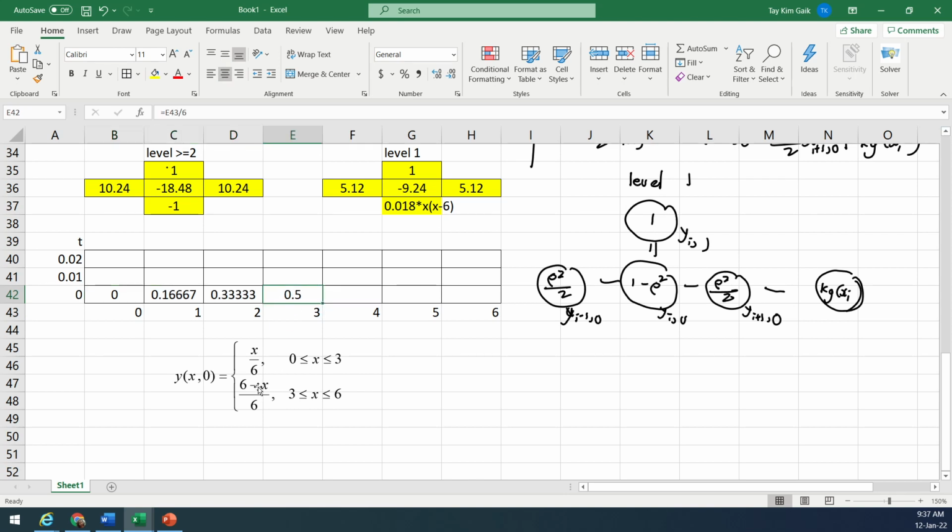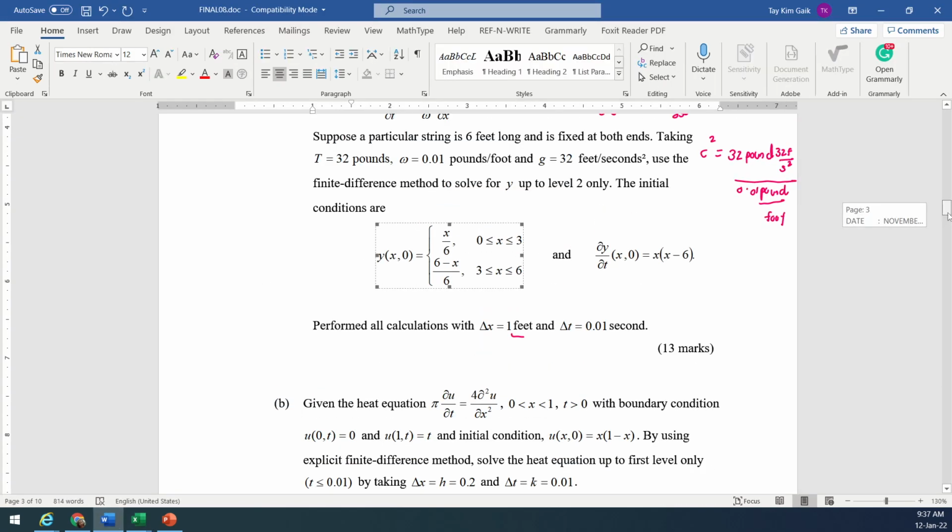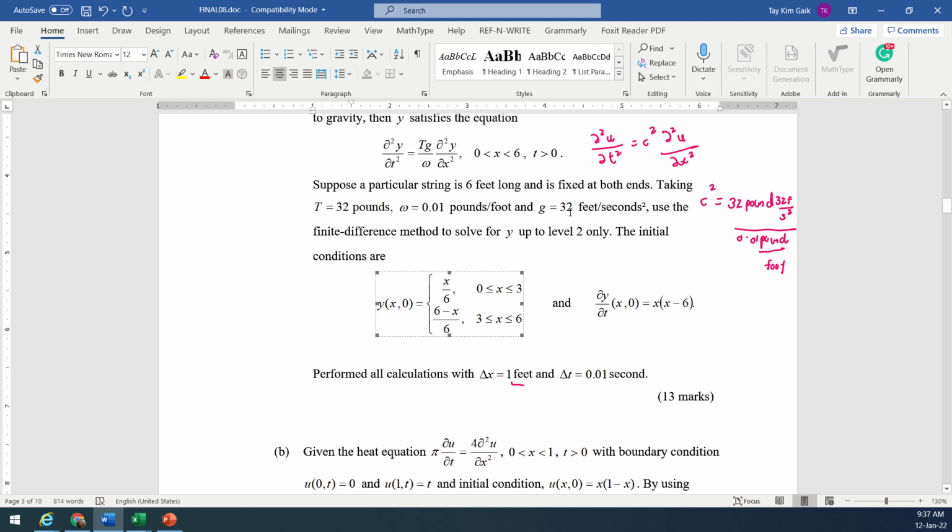We see whether the second function here tallies. So for 3 to 6 it is given by 6 minus x. This one has a numerator with 2 terms, so make sure you bracket it, then divide by 6. The values overlap. And again you see the string is fixed at both ends. The string is fixed at both ends.